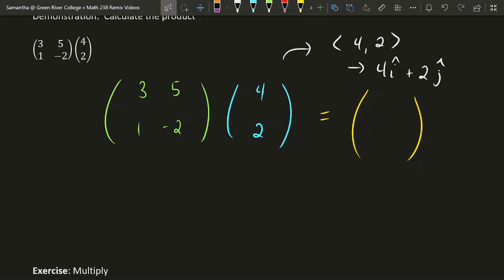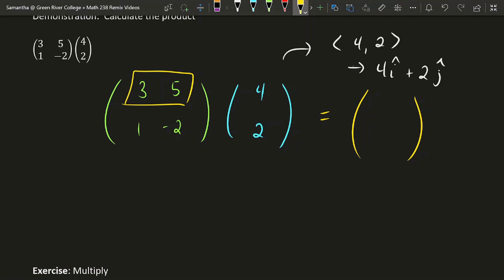So I need to figure out what is the x component of the answer and what is the y component of the answer. To figure out the x component of the result, to figure out the number that would go in the top part of the answer, I'm going to start by looking at the top row of my matrix.